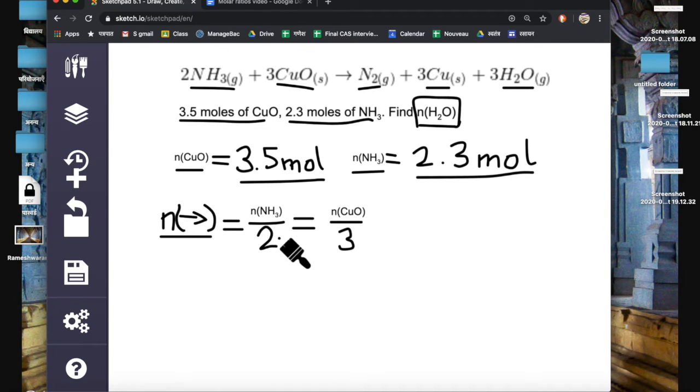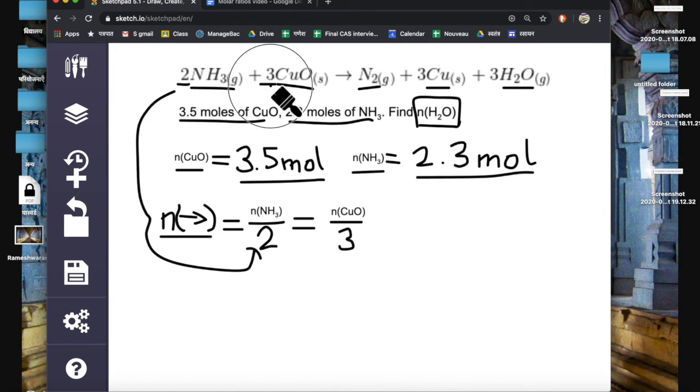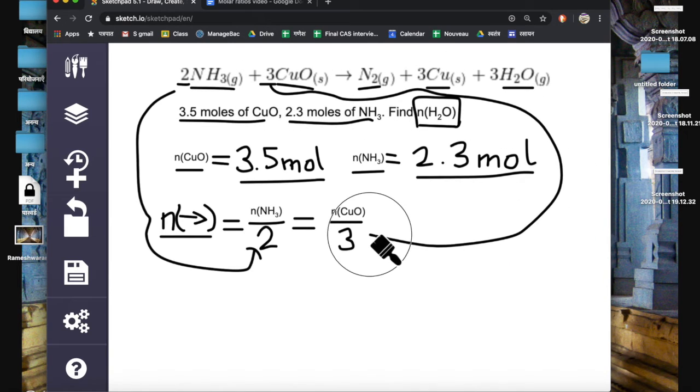Notice that the 2 that is dividing the number of moles of ammonia is the same 2 that is the coefficient of ammonia in the stoichiometric equation. Notice also that the 3 from the copper oxide in the stoichiometric equation is also the same 3 here, that is divided by to obtain the number of moles of reaction.